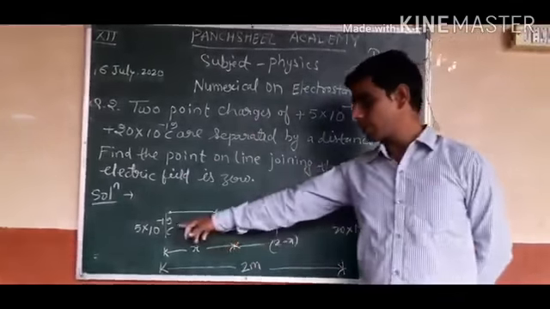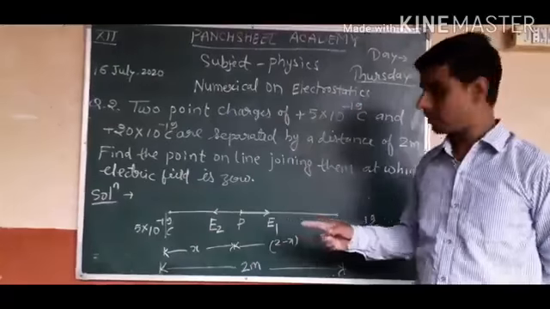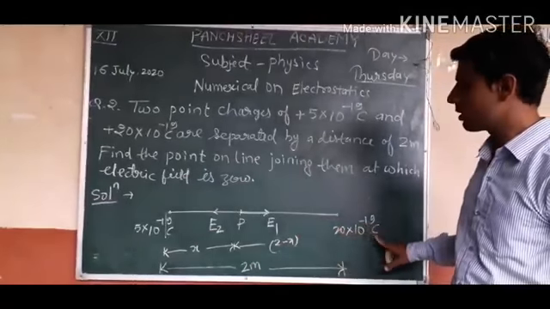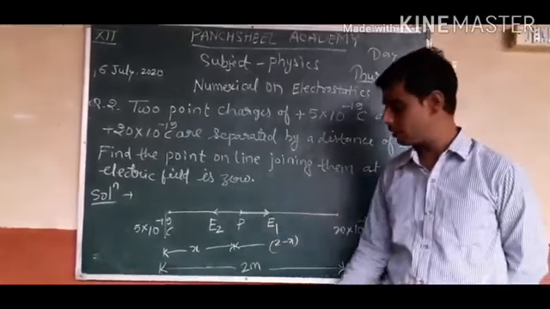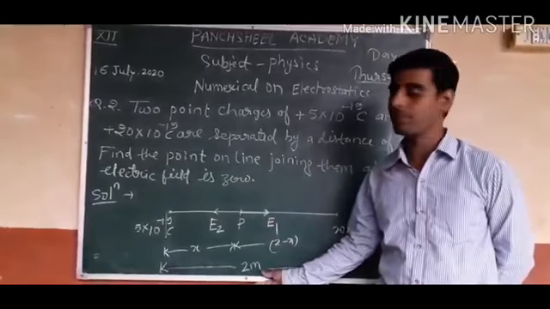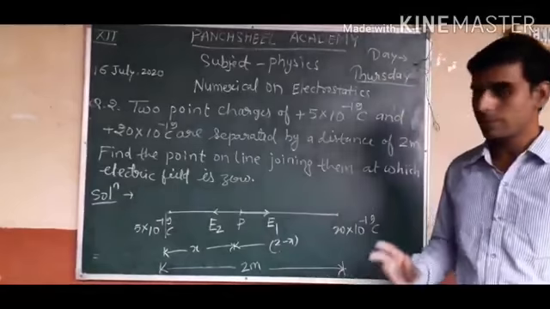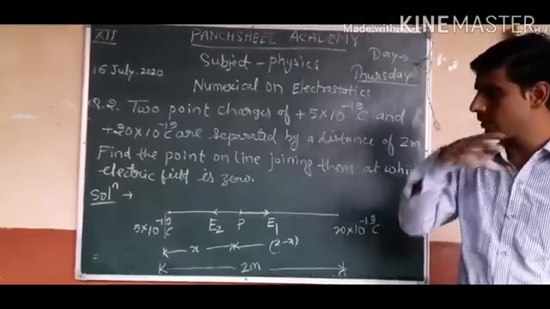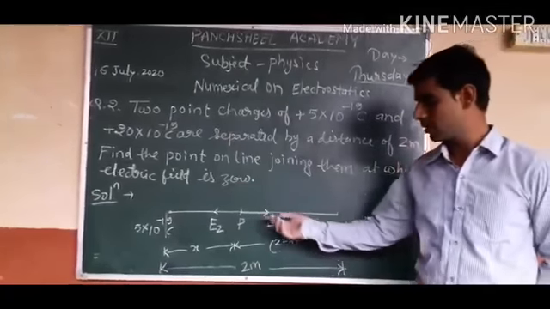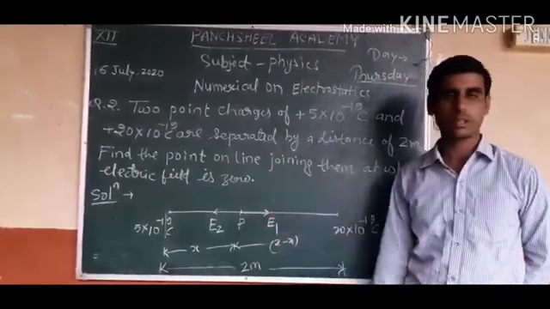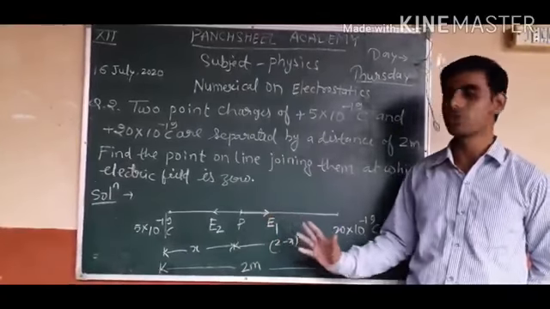There are two charges, 5 into 10 to the power minus 19 coulomb and 20 into 10 to the power minus 19 coulomb. These two charges are separated by 2 meter distance. So you have to find out where the point is located at which the electric field intensity is 0.